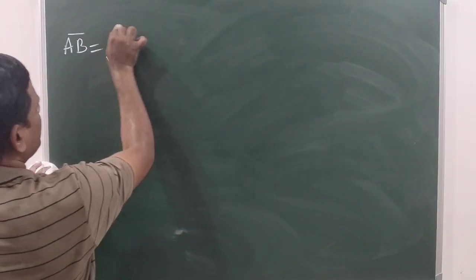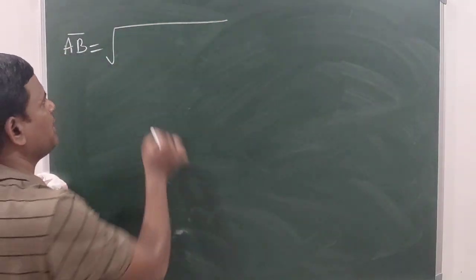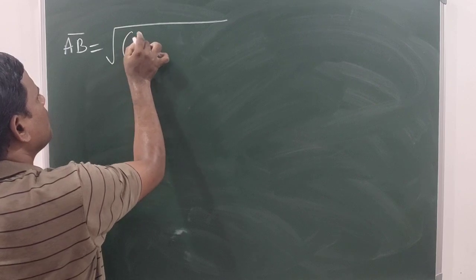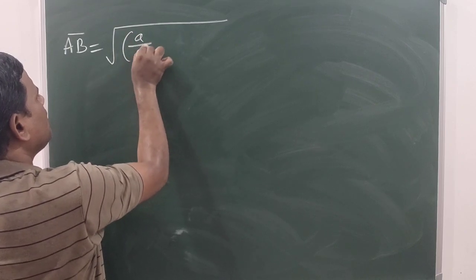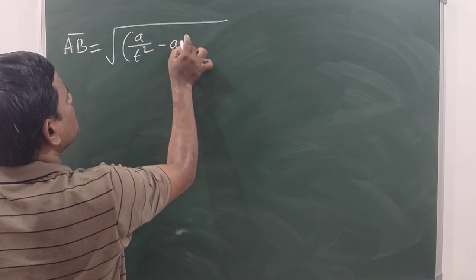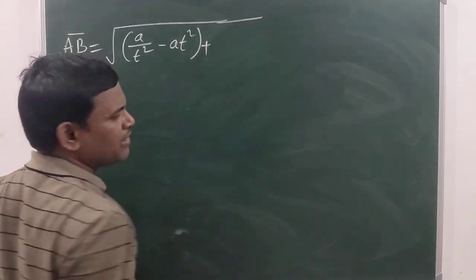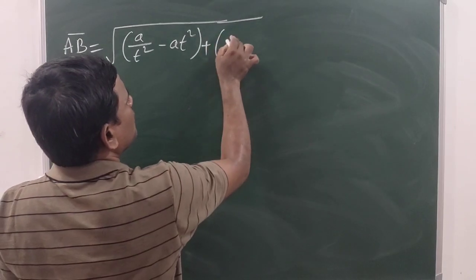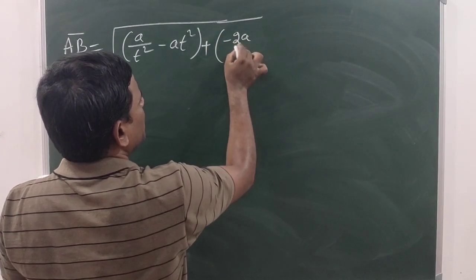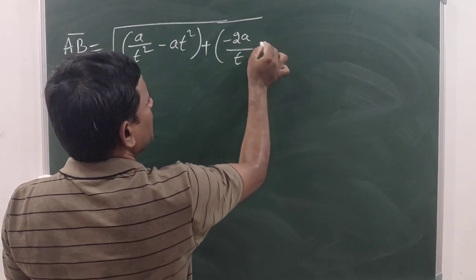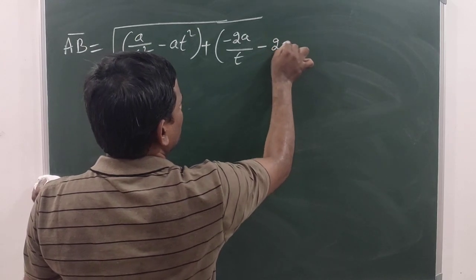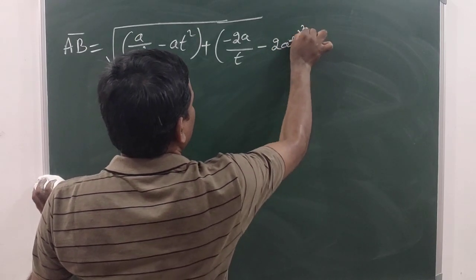Square root of the difference of x coordinates squared: a by t square minus a t square, plus the difference of y coordinates squared: minus 2a by t minus 2a t.